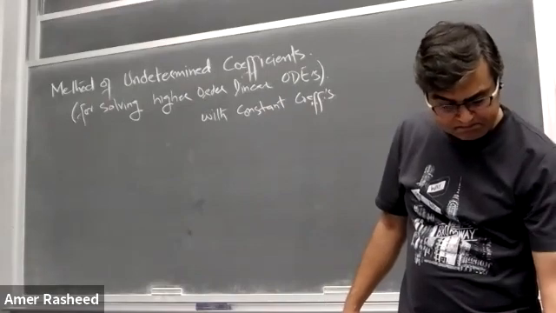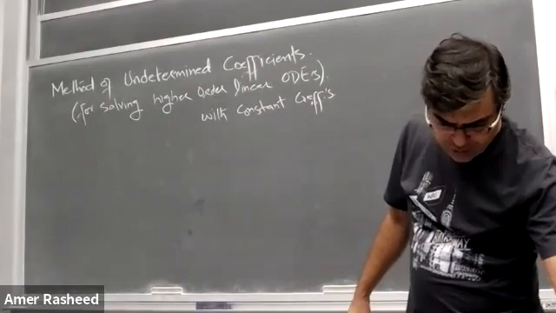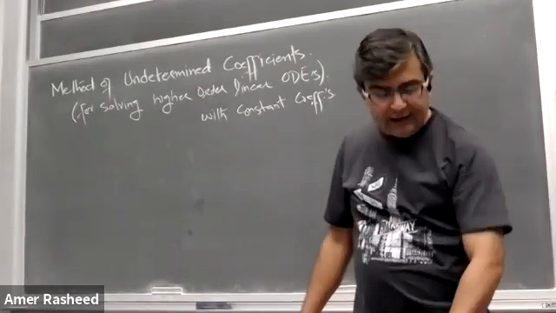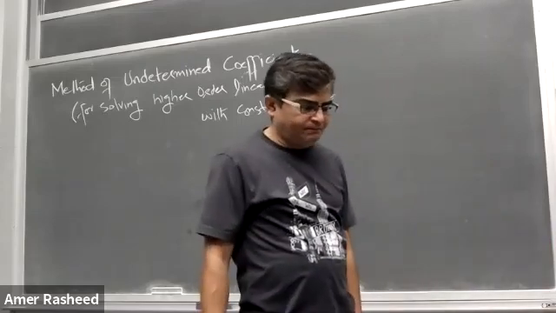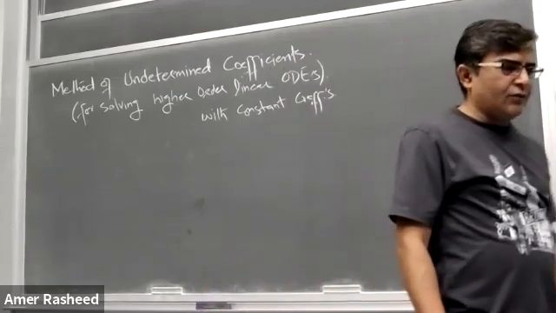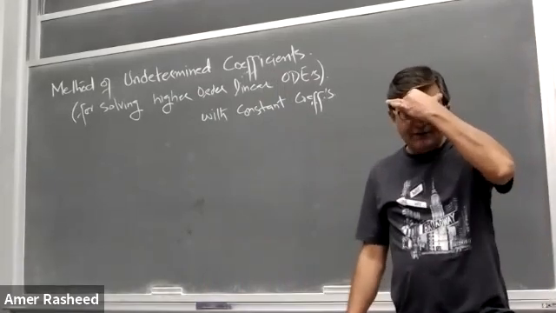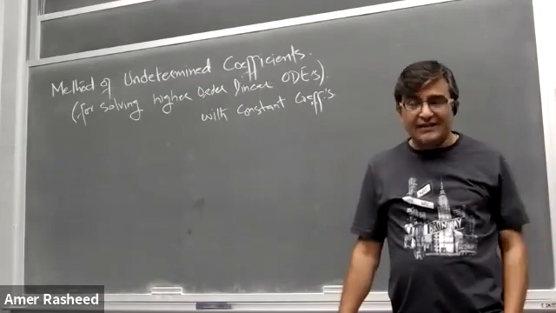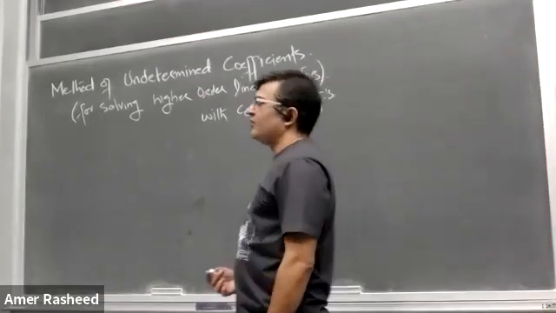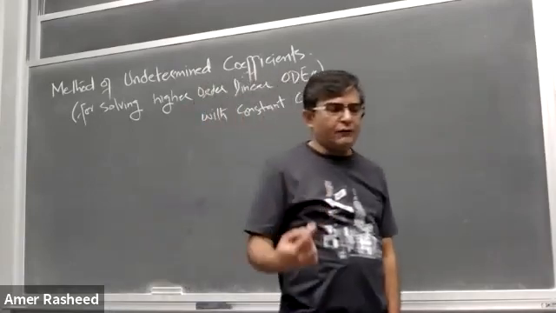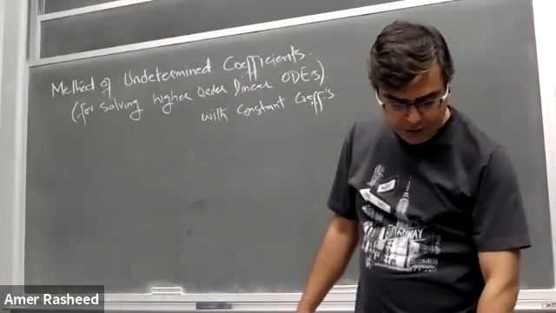I told you that the particular solution of any non-homogeneous differential equation with constant coefficients is basically a guessed solution. We guess the solution motivated by the right-hand side of that differential equation.